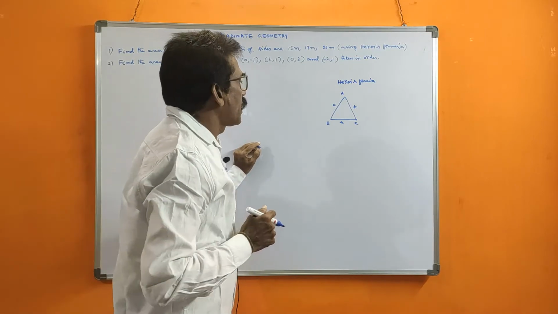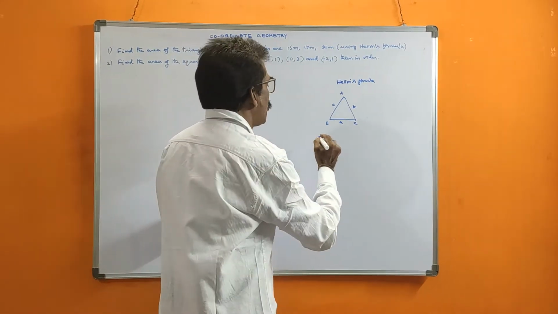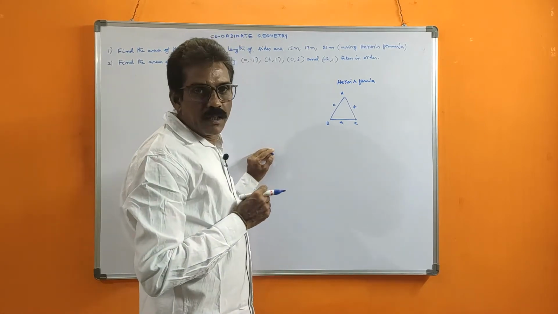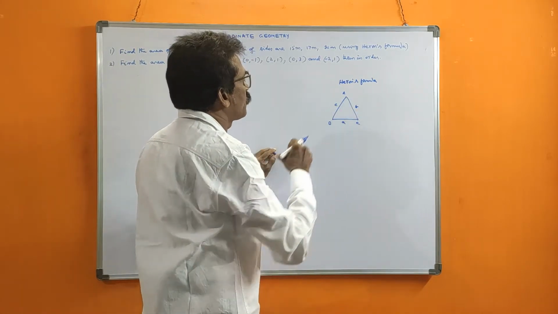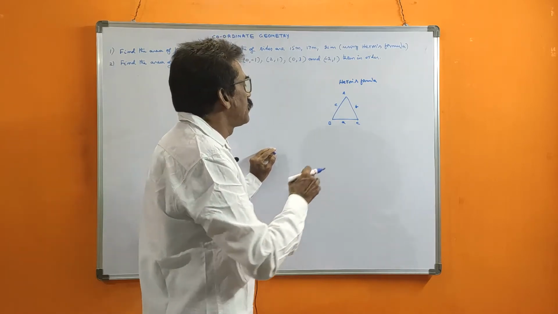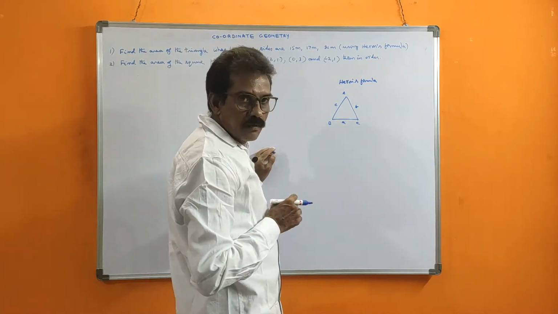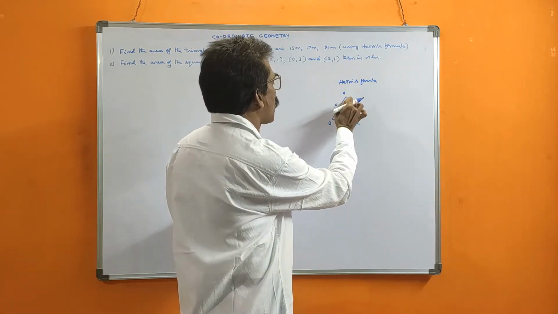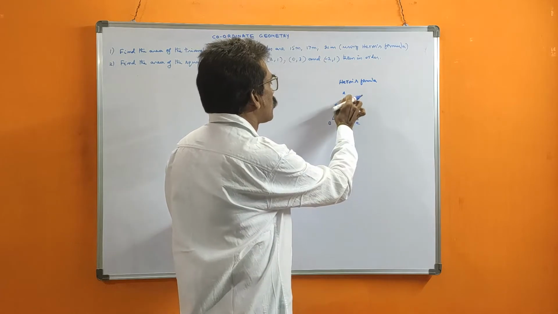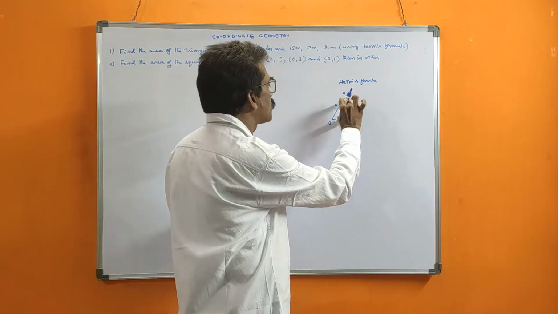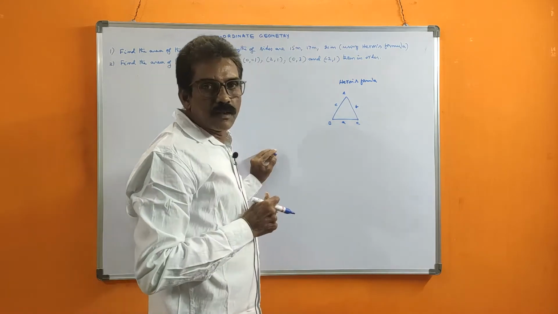According to Heron, he suggested one formula to find the area of any triangle. Suppose area of triangle is half into base into h. For that, we should draw the perpendicular h, so some construction is needed.